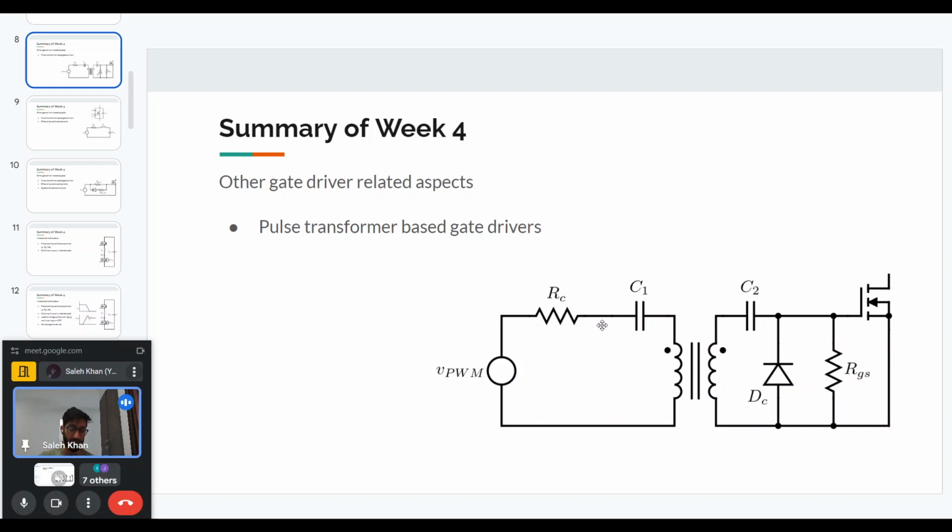I don't have the waveforms here, but you can see that in the course, as well as in a document from TI about fundamentals of gate driving circuits for MOSFET and IGBT. If you search in Google for fundamentals of gate drivers, MOSFET, IGBT, TI, Texas Instruments, you will get a document, and they have one section on pulse transformer based gate drivers.